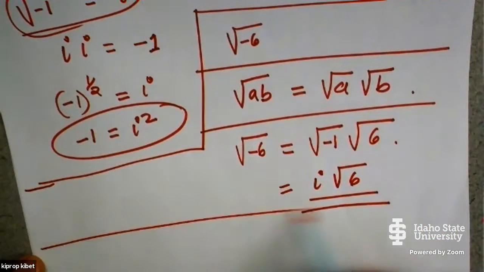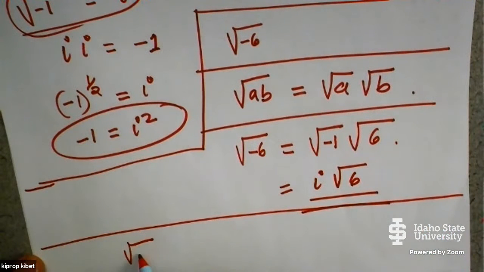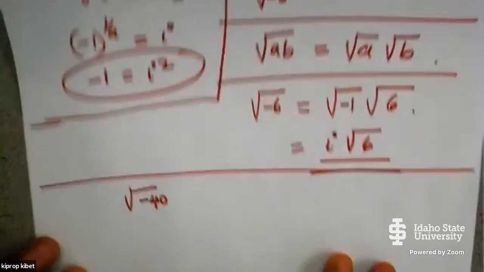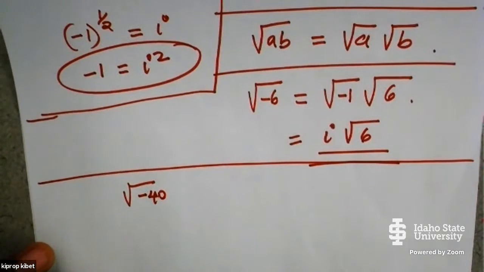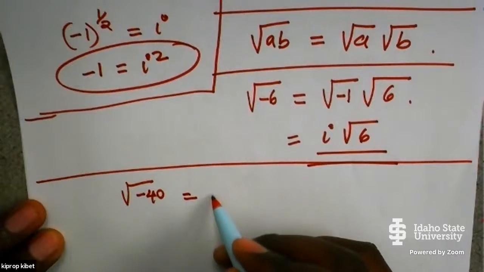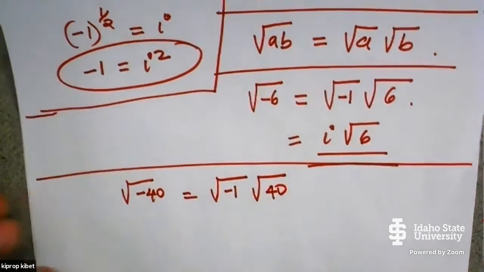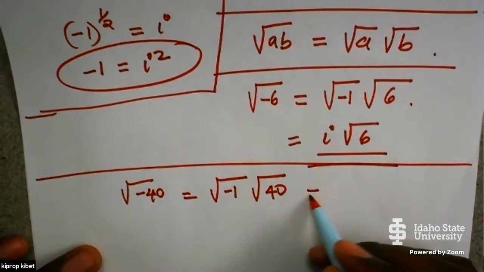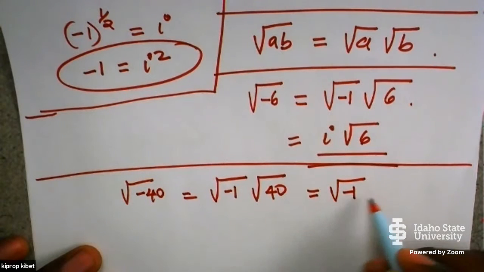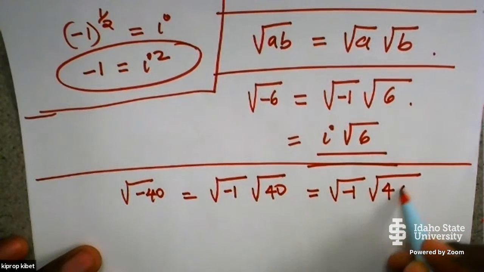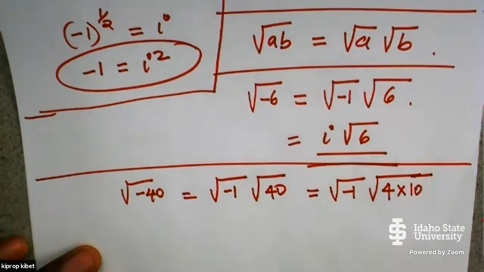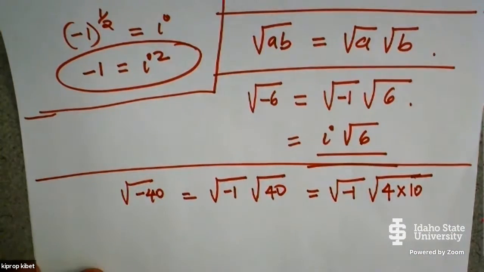Another example, the square root of -40. Here again, we can write this as the square root of -1 times the square root of 40.